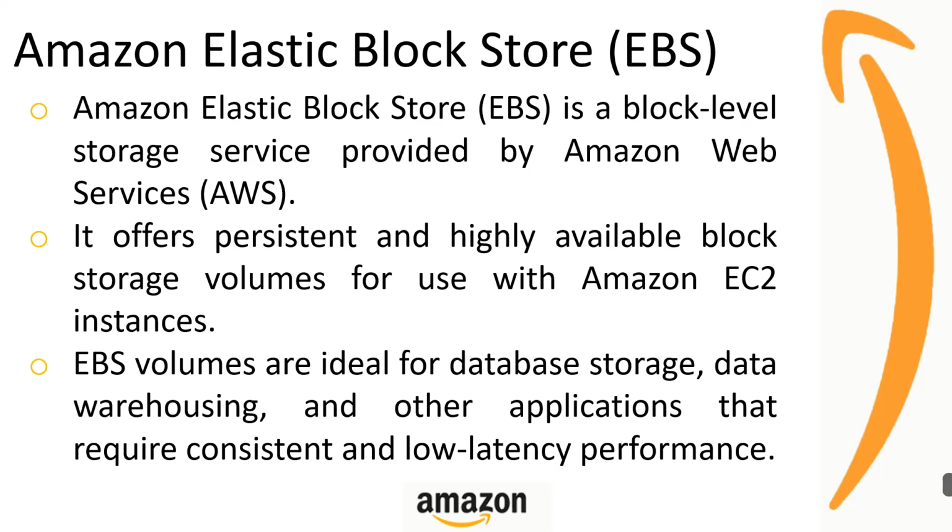It offers persistent and highly available volumes for use with AWS EC2 instances. EBS volumes are ideal for databases, data warehouses, and other applications that require consistent and low latency performance.